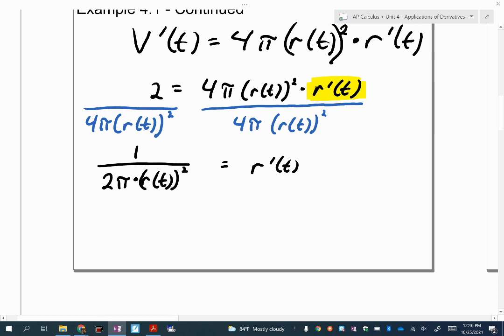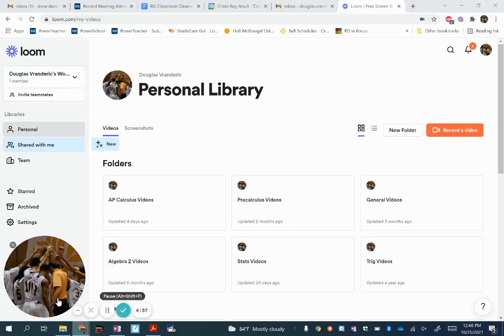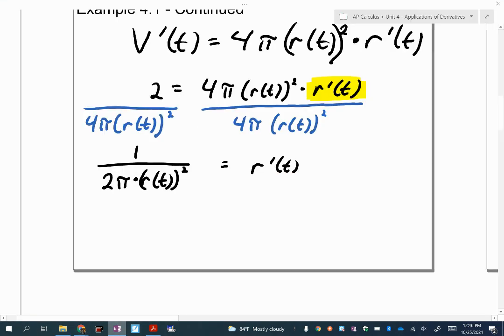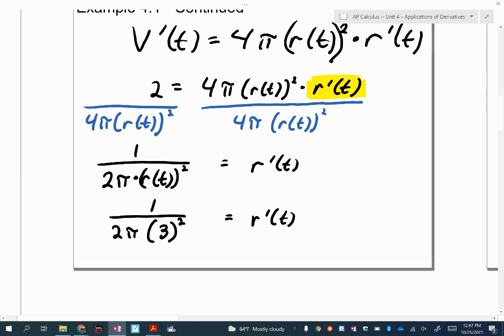Now again, at this point, I'm trying to figure out what happens when my radius is 3. So if I'm trying to solve for this, I'm going to plug in 3 where I see my radius. So I'm going to do 1 over 2 pi times my radius, which starts at 3 centimeters, squared.